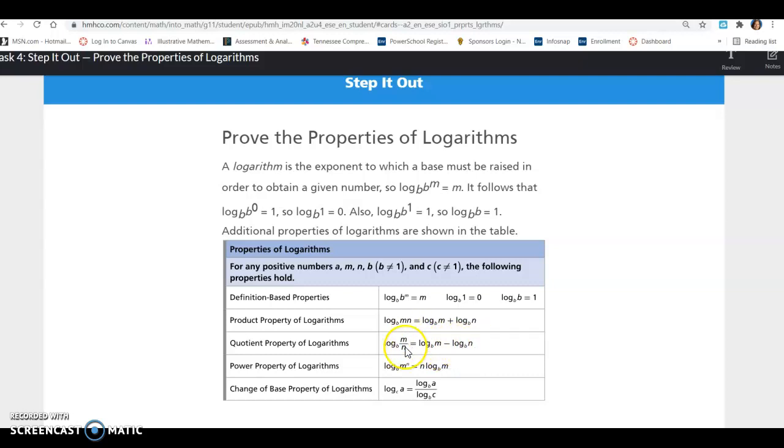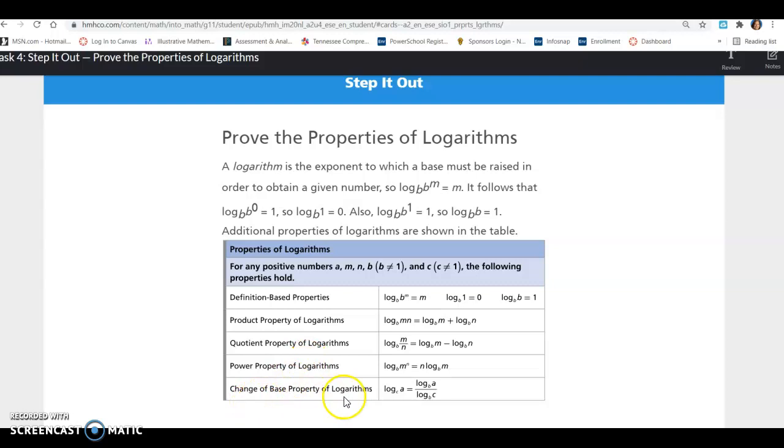So division goes to subtraction. That is the quotient property. And then the power property, a power is an exponent. So the power property goes from log base b of m to the n power to n times log base b of m. So your exponent goes to the front and becomes the coefficient. That's called your power property.